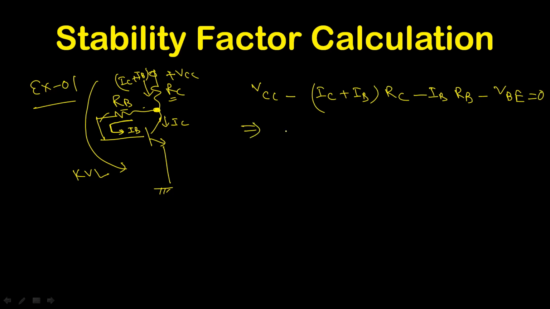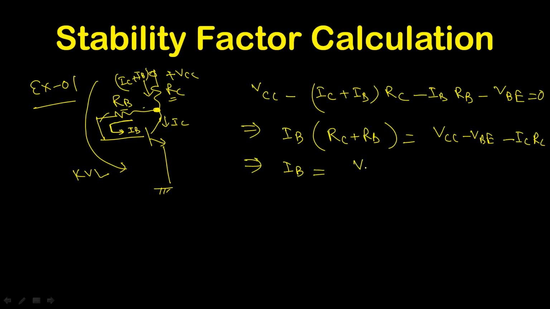And you can separate the value of IB: IB times (RC plus RB) will be equal to VCC minus VBE minus IC RC, and we can calculate IB, which is equal to (VCC minus VBE) divided by (RC plus RB) minus IC RC by (RC plus RB).